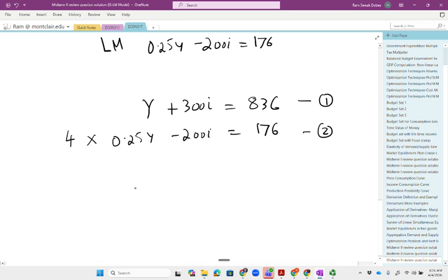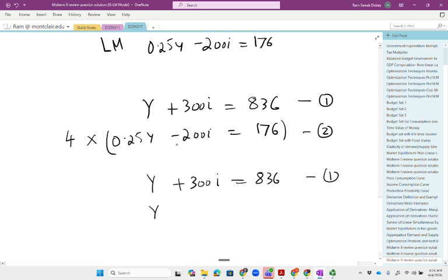So let me do this. I will write the first equation as it is, y plus 300i equal to 836. The second one, I need to multiply both sides by 4. So 4 times 0.25 is 1, and 1 times y we do not write.